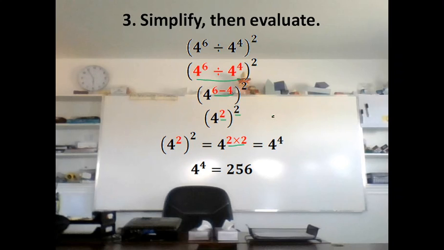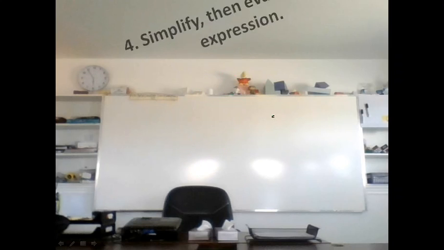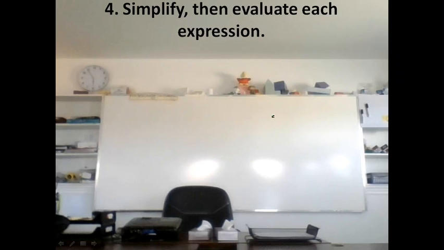Okay. So now, number 4, simplify then evaluate each expression is very similar to the example we just had. However, this is going to take a couple more steps. When you have a larger expression, you will need to follow the order of operations.